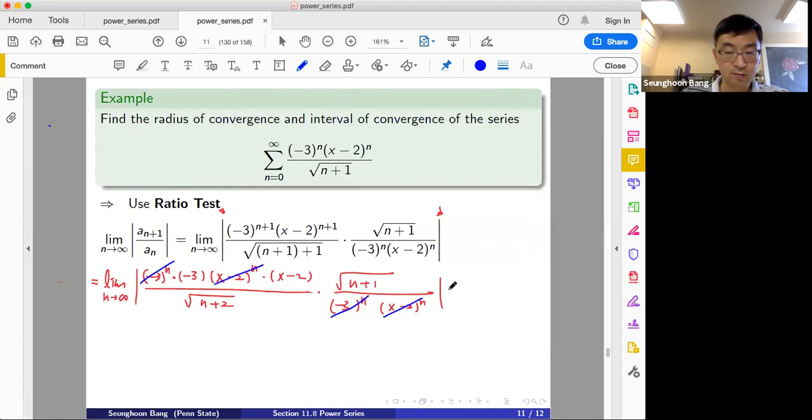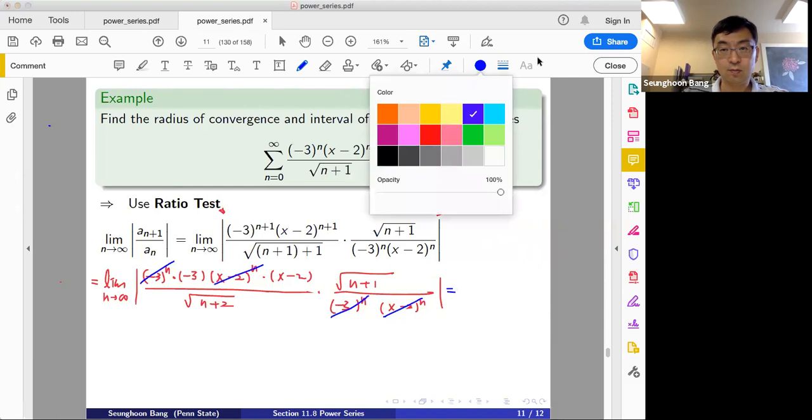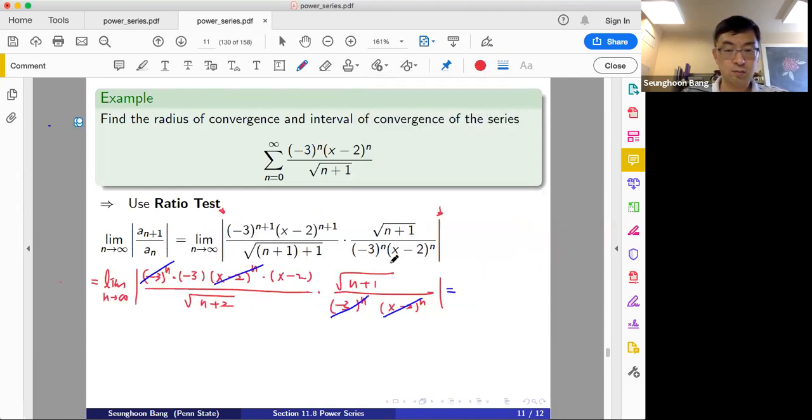So what is this? It's the limit as n approaches infinity of negative 3 times (x minus 2) times root of n plus 1 over root of n plus 2.